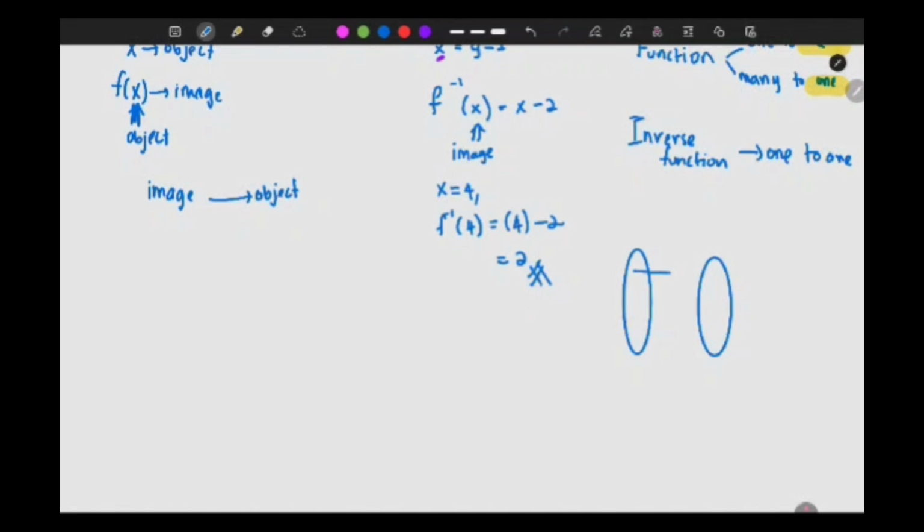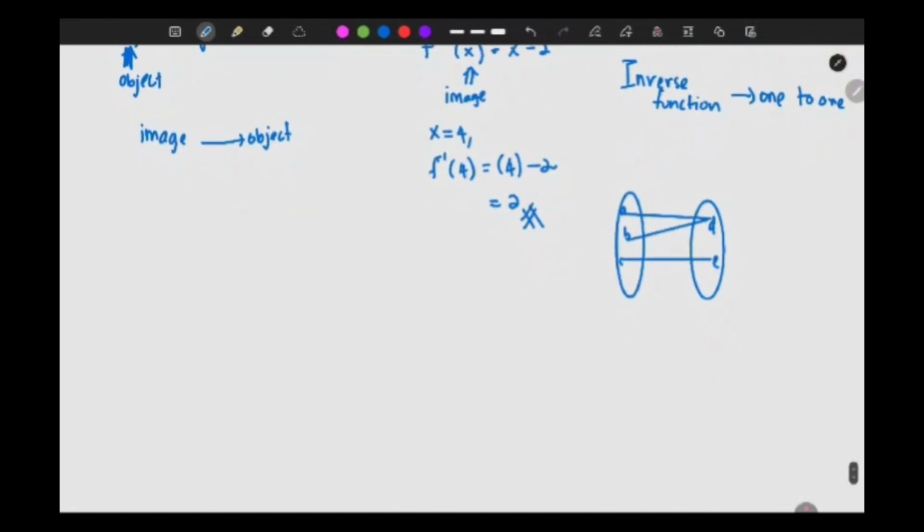They will ask you, does this function have an inverse? The answer is no. Why?